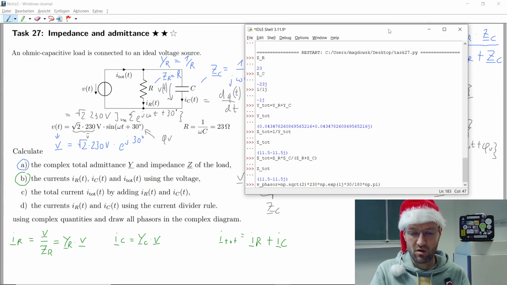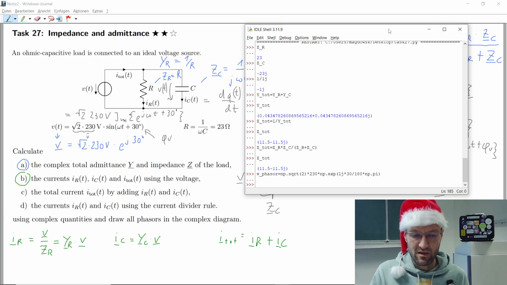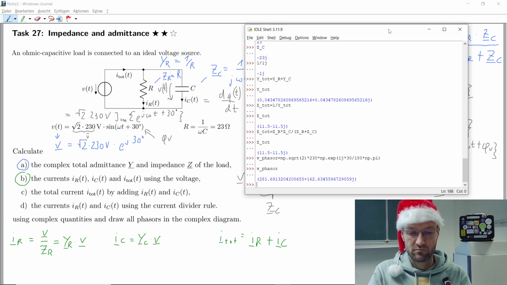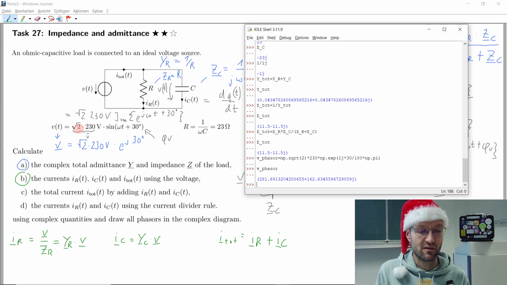Now I'm getting more, I think, more confident. And so there is our voltage phasor as some real part and imaginary part. And think about something that is square root of 2 times 230 volts long and points in 30 degree direction. This could approximately fit, right?